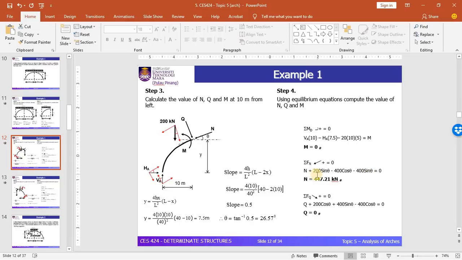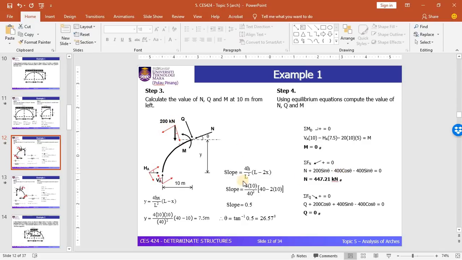Here we have the solution for this axial force, where N is positive in this direction, and this 200 sine theta is based on this component of load, 200.